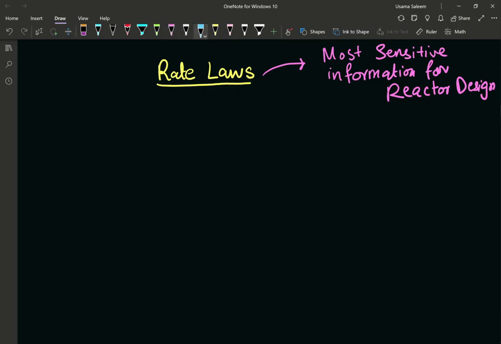And if you guys have been following Fogler, you will see that from chapter 1 till chapter 5, the book is trying to build up an algorithm in which you have your rate expression, the rate at which your reactants are disappearing, as a function of conversion.